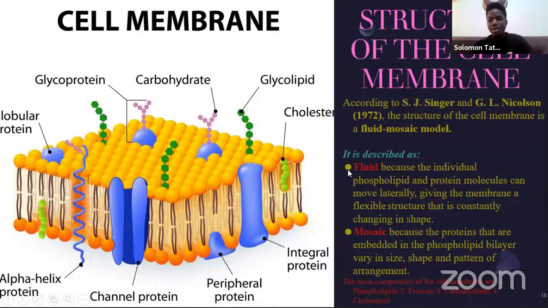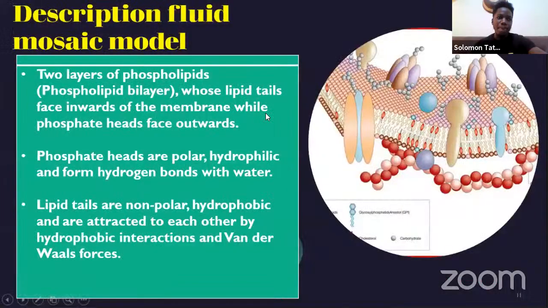The main components of the cell membrane are phospholipids, proteins, carbohydrates, and cholesterol. The description of the fluid mosaic model is here. It is two layers of phospholipids whose lipid tails face inwards of the membrane, while the heads face outside.